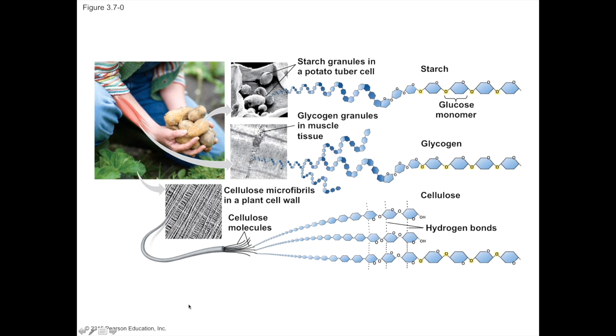So take a look at these. So this is starch, glycogen, cellulose. All right. So here's starch, and they're using a potato. And then they're using glycogen, which is stored in some muscle tissues. And then here's cellulose. Notice that they all look the same.